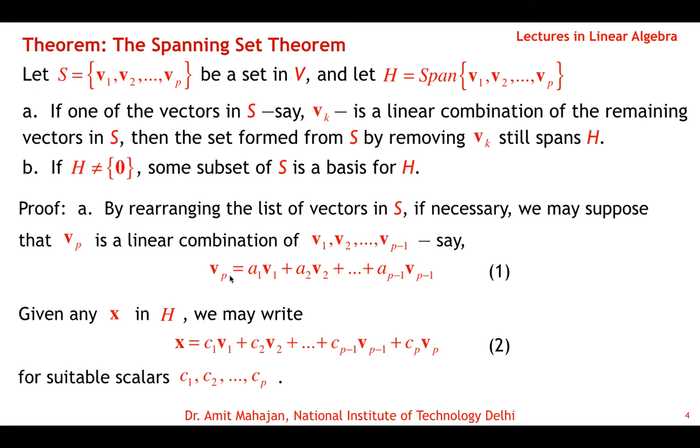Okay, and because vp is given as a linear combination of preceding vectors, we can substitute it here and rewrite the right hand side to write that X is actually a linear combination of only the first p minus 1 vectors. And so any vector X can be written as a v1 v2 up to vp minus 1 linear combination. So that means H will be spanned by p minus 1 vectors.